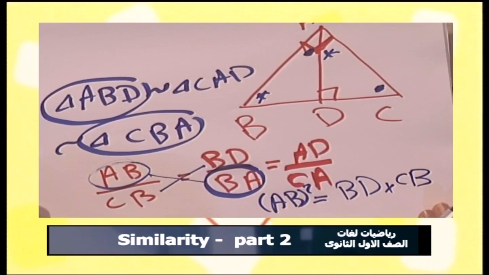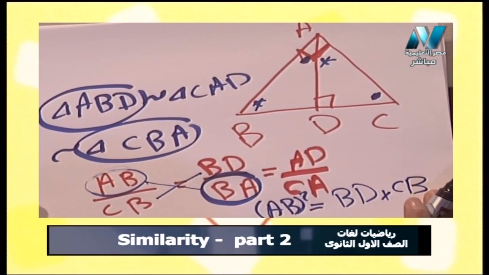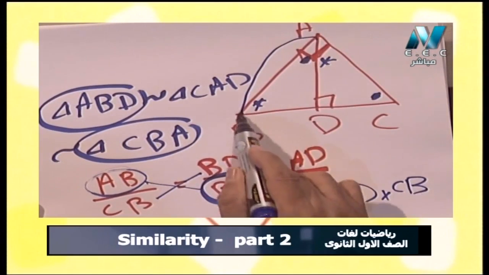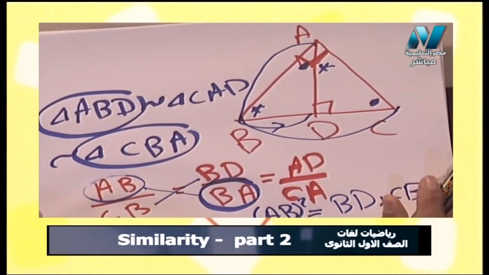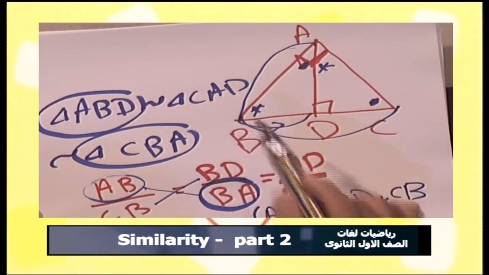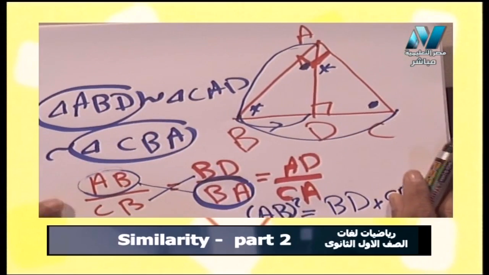When we look at the figure again, AB power 2 here equals BD multiplied by BC. It's also the Euclidean theorem, and we proved it now from similarity. We have AB power 2 equals BD multiplied BC.